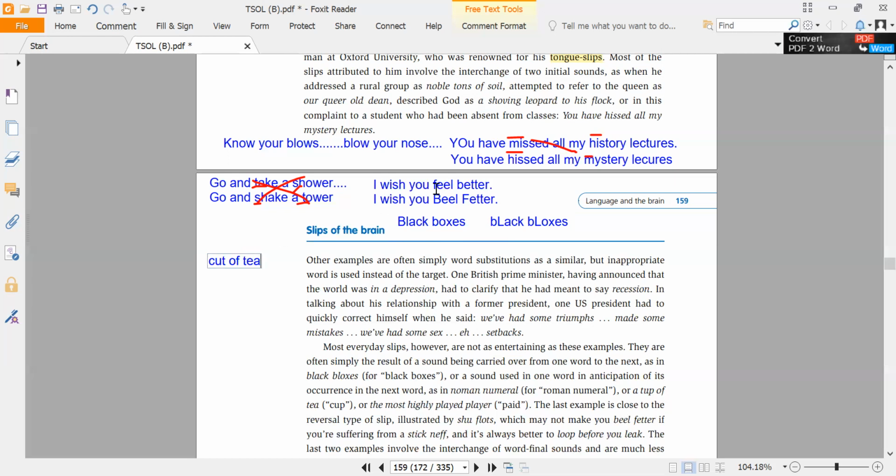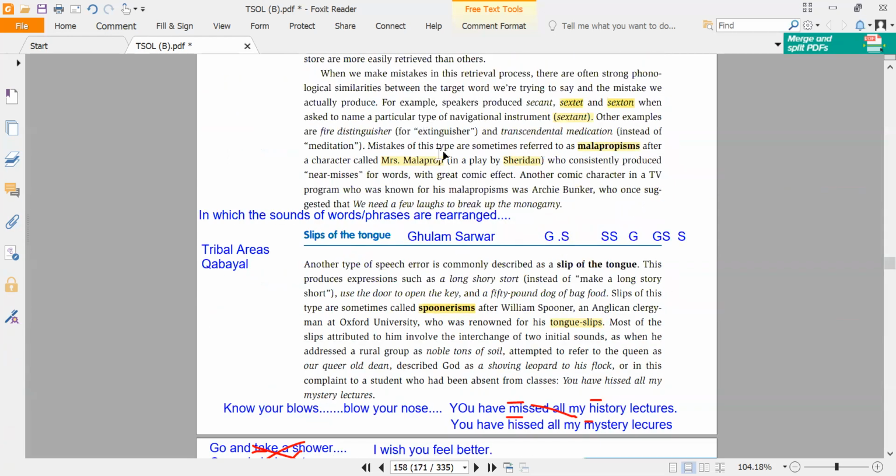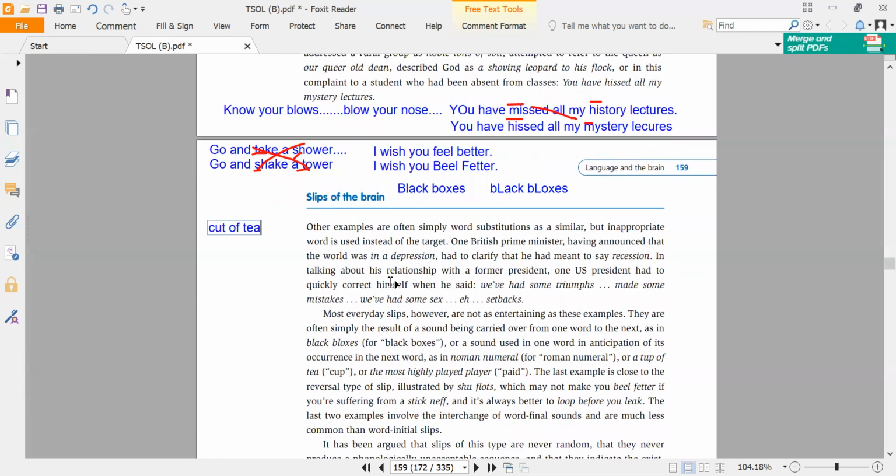Cup of tea. So the very first example we had, spoonerism, is just the exchange of the initial sounds. Spoonerism is the exchange, like "feel fitter" for "fill better", an exchange of the initial consonants.